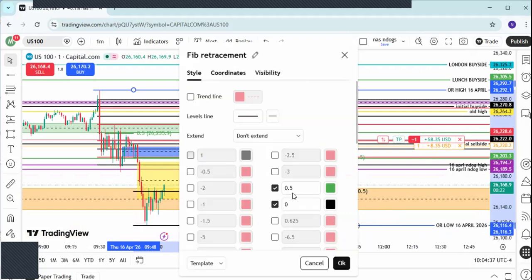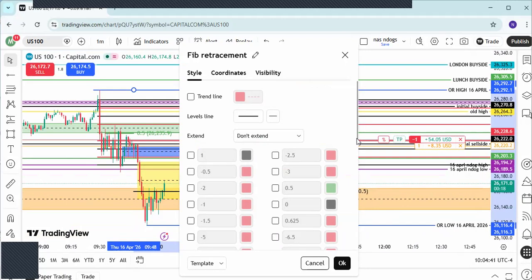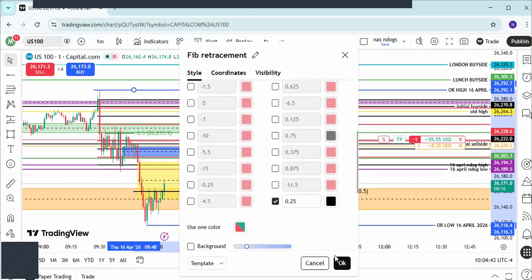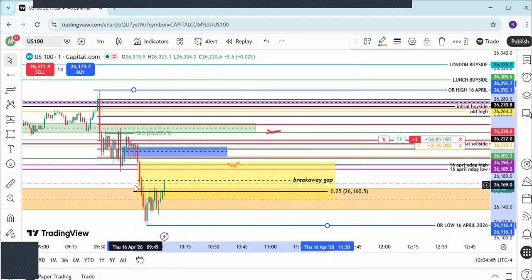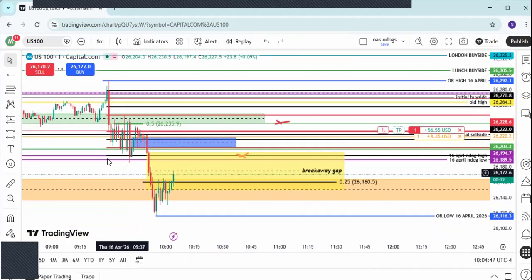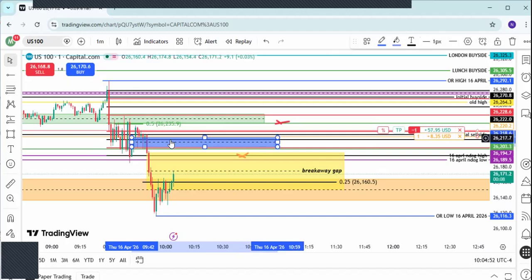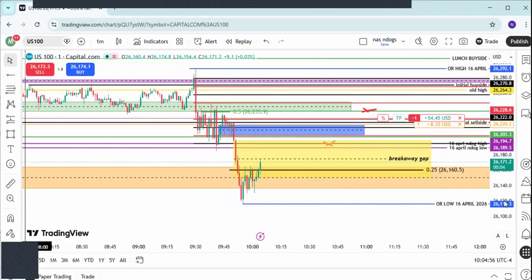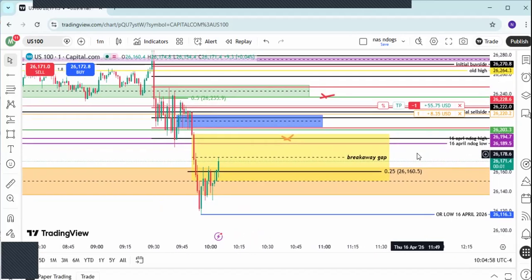So what I'm gonna do is this, then the 0.25 level will remain. So we wanted to see that this is the suspension block, 1 minute time frame. So now we're hitting half of the breakaway.